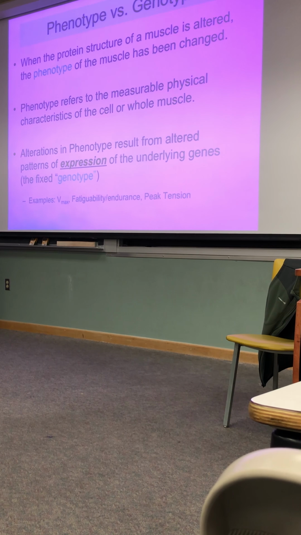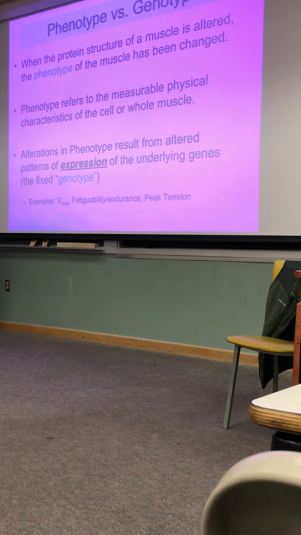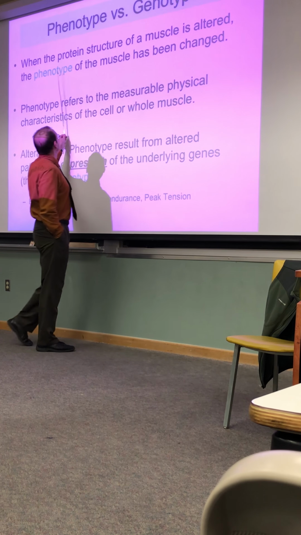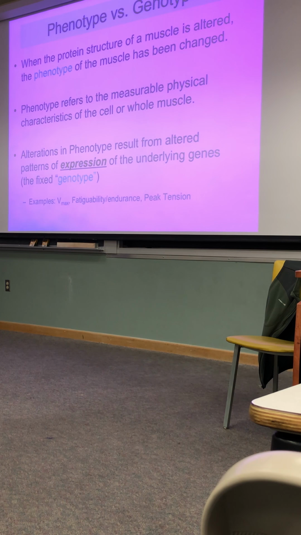You could make 10 myosin and actin sarcomeres, or you could make 100. And often it's the expression of the underlying genome that is being altered in these adaptational states. What happens if you change protein expression is the phenotype, whether at the microscopic level or the whole body level, starts to change. Does that make sense?